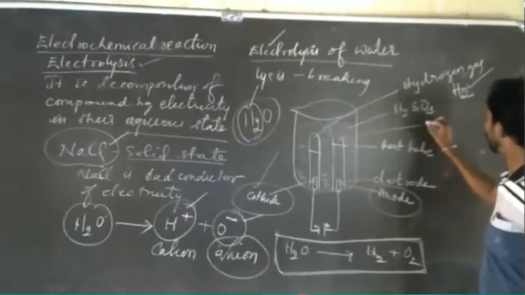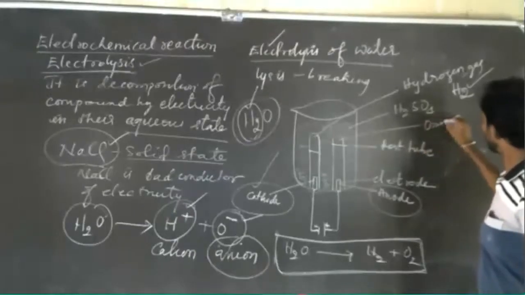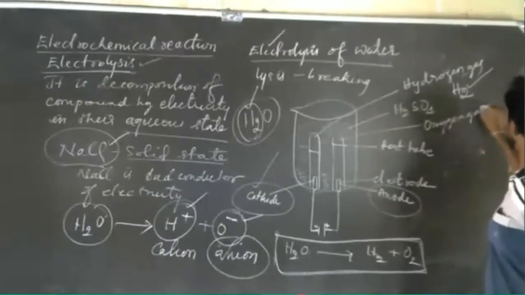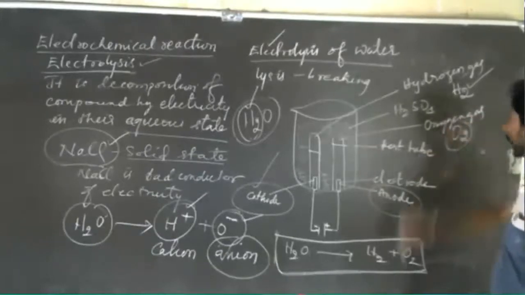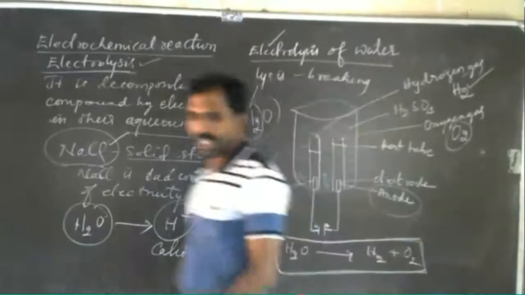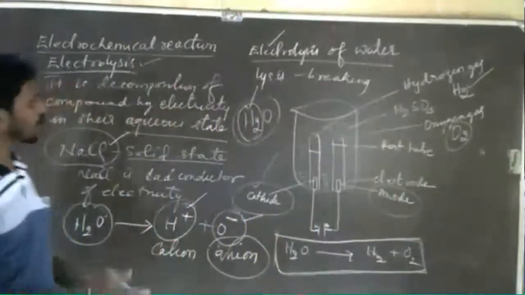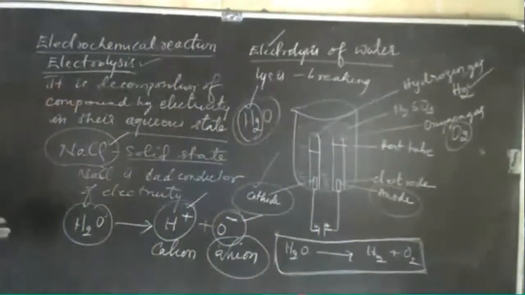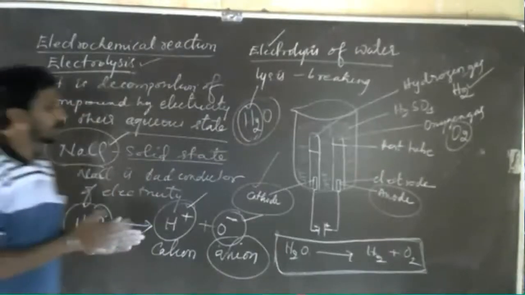Here it will be oxygen gas, collected in O2 form. This is how the reaction actually happens. That is the electrochemical reaction given in your textbook.